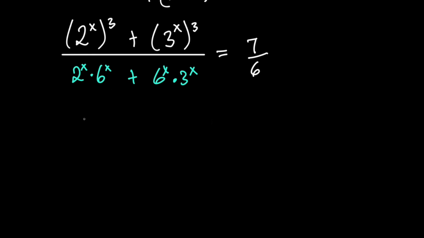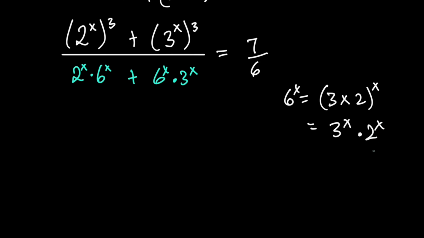So over here, you notice that we have 6 right here, and 6 is the same as 3 times 2. So if the 6 is having a power of x, this is how we get the 6: we're going to be expressing this as 3 to the power x times 2 to the power x, which could come right here, all right?